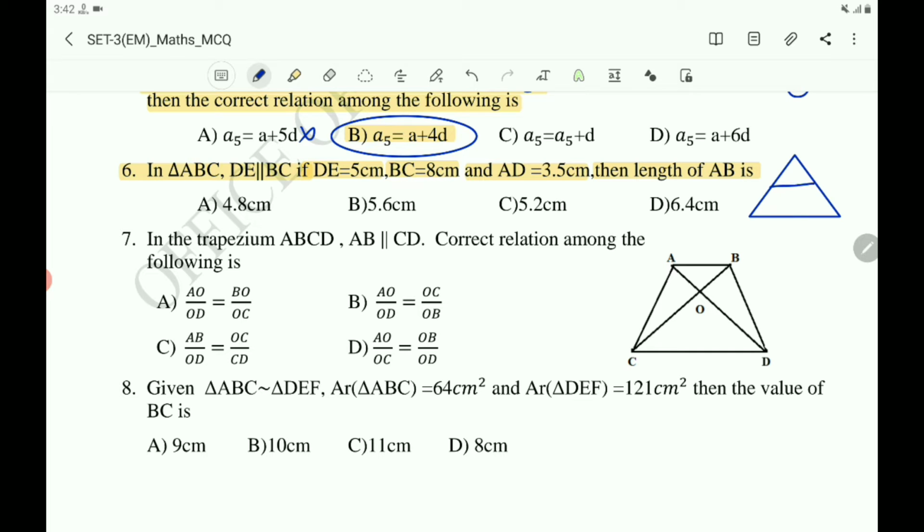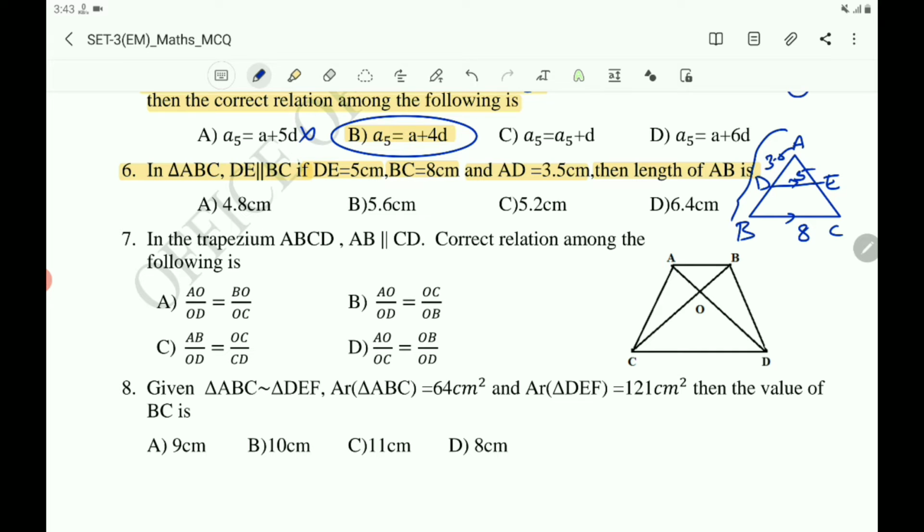It is given that DE is parallel to BC. DE is 5 and BC is 8. Next AD is given, that is 3.5. What we have to find out is AB.